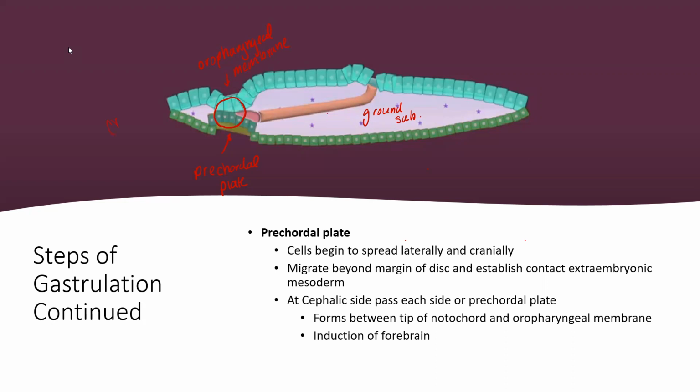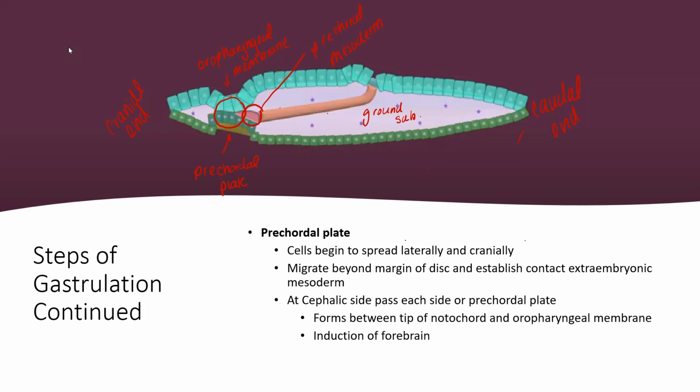So this is the cranial end, caudal end, and right here, that is the precordal mesoderm. And this will contribute to the formation of the head of the fetus.